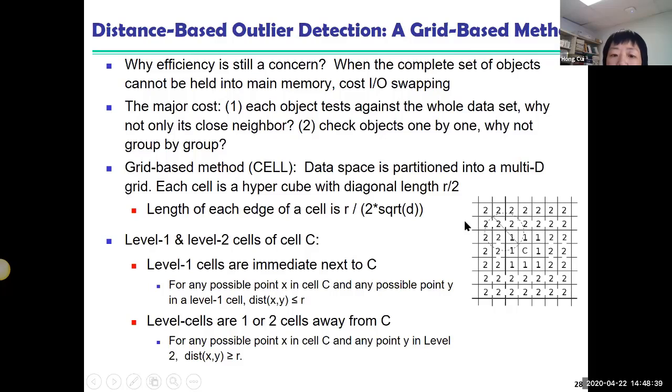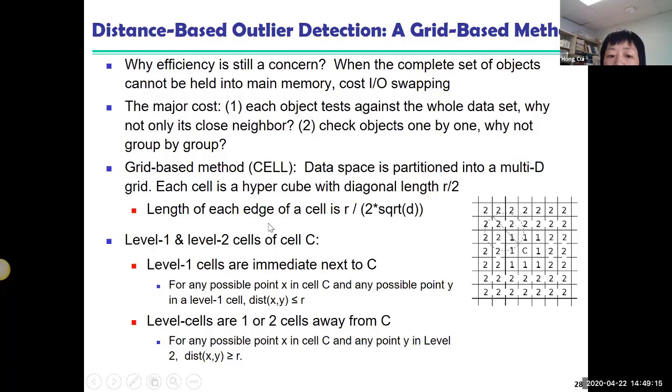So again, data is partitioned into a grid. In each dimension, the length of each edge of a cell is R divided by, we need to first define R. R is the distance threshold that we mentioned earlier. This is a user-specified threshold.